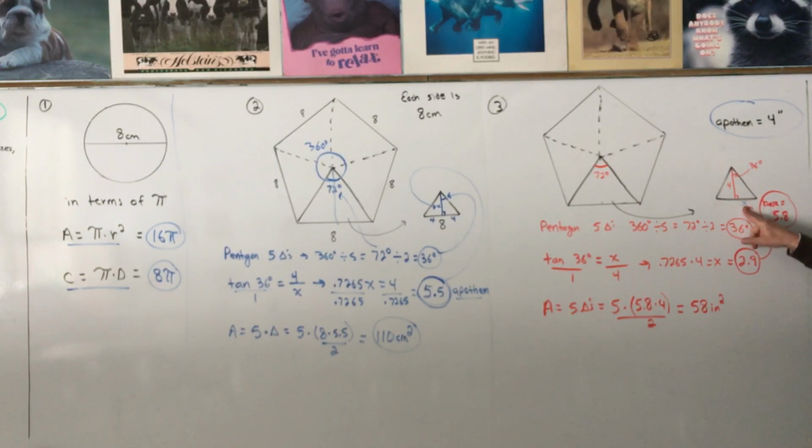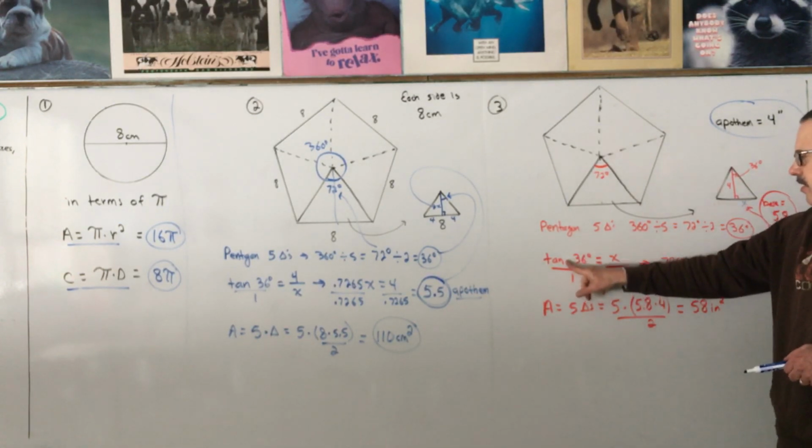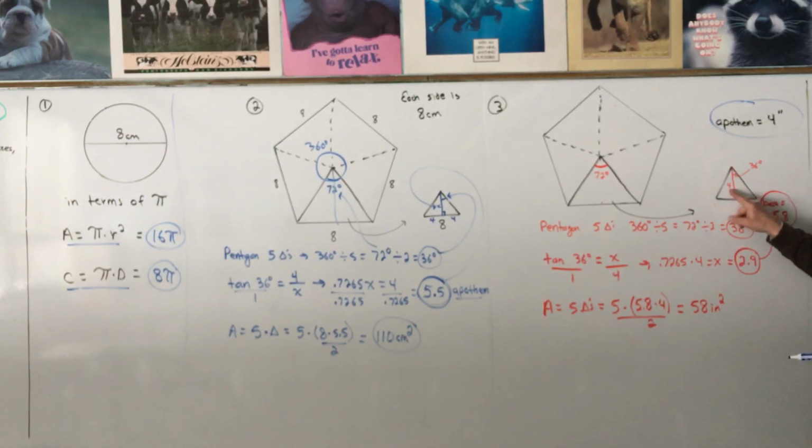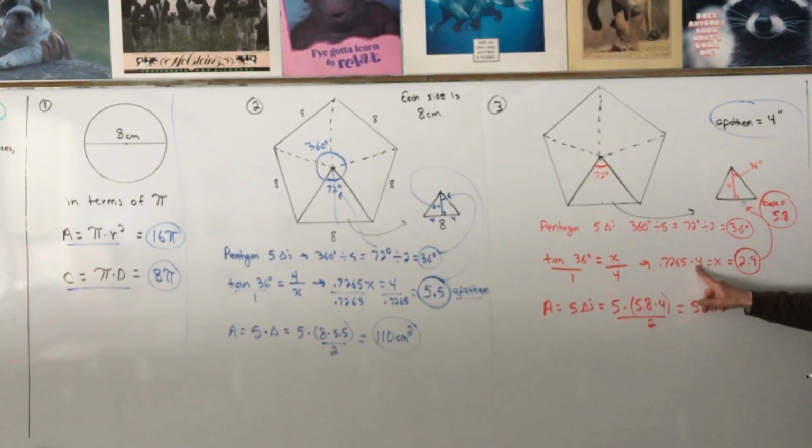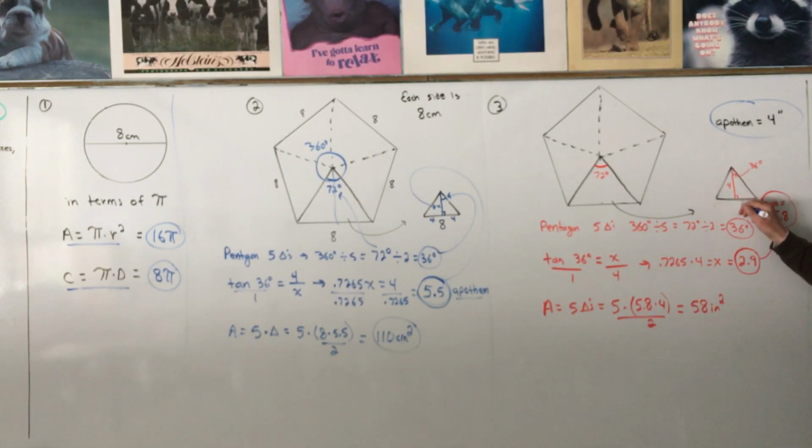So to find x, what I wrote down was the tangent of 36 is equal to opposite over adjacent. So I wrote x over 4. I did the tangent of 36, which is this, and multiplied it by the 4, which gave me what x was equal to, which is 2.9. So what that means is that this is 2.9. Well, then so is this over here.